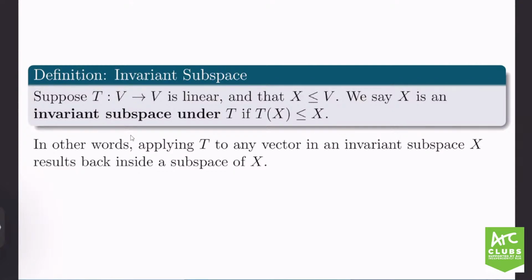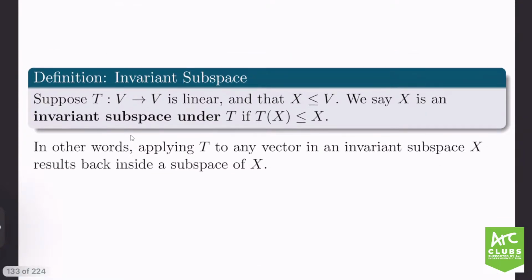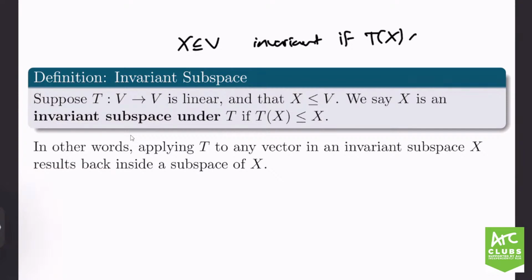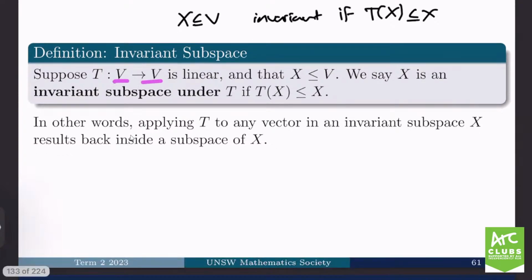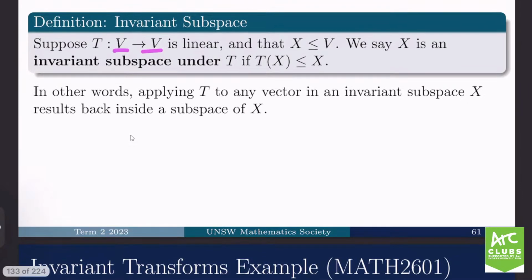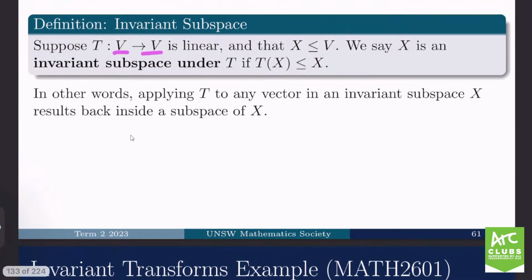In particular, we can say that if X is some subspace, it's invariant if T of X, the image of X under the linear transformation, is itself a subspace of the original X, okay? And this only works if we have a linear transformation from V to V. In other words, applying T to any vector in an invariant subspace results in a vector that's still within that subspace X, okay?